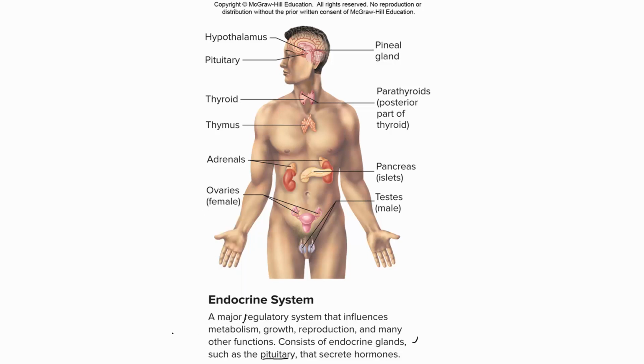The thyroid gland, growth. The pituitary gland releases growth hormone. It's going to influence reproduction, many other functions, blood glucose, things like that. So the endocrine system is going to be a key system. The anatomy is pretty simple, to be honest. The physiology is a lot more challenging, though.